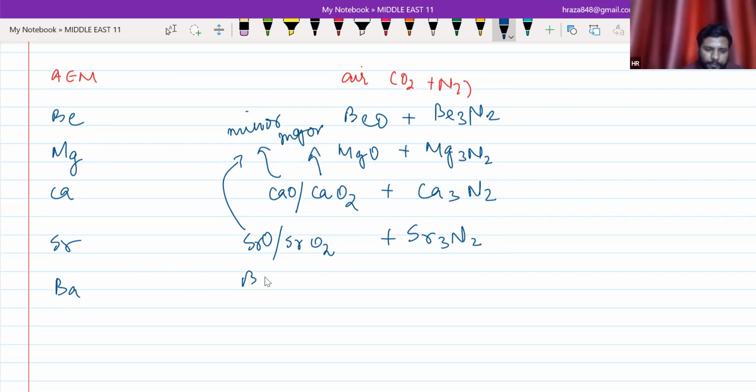Barium will also form oxide as well as peroxide, but this will be minor, and here it will form nitride. Done with this?